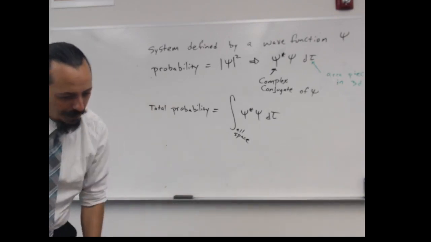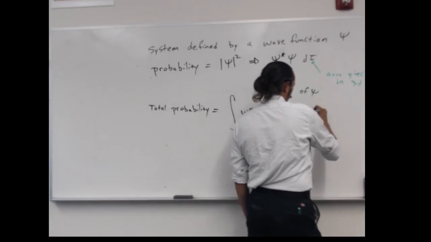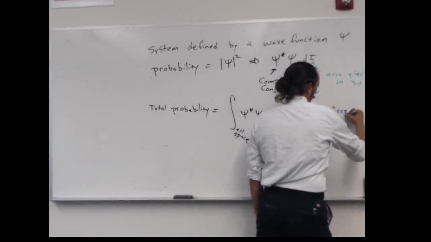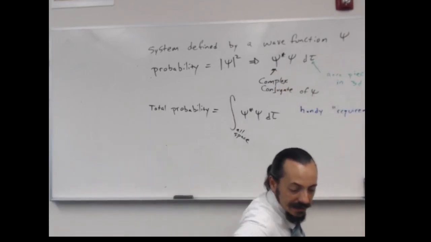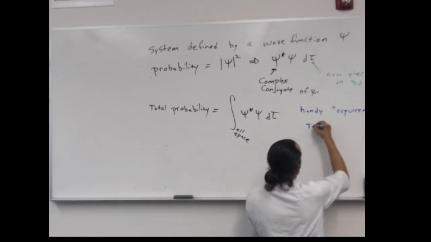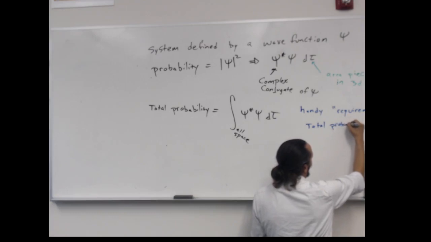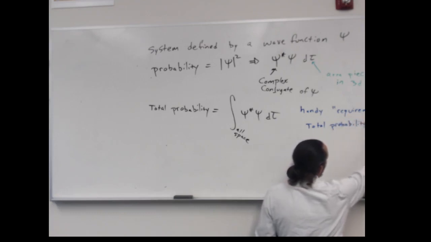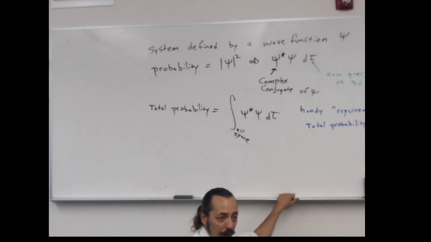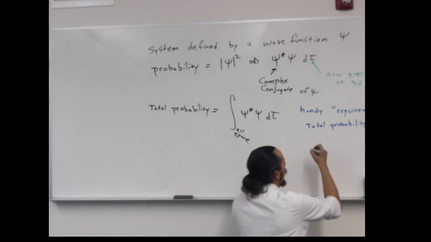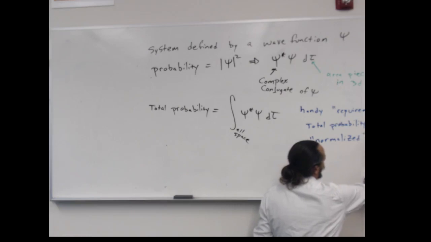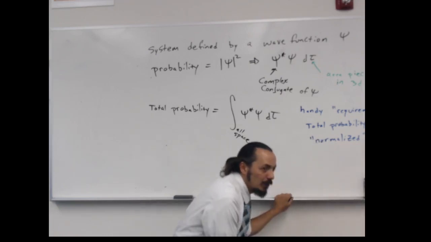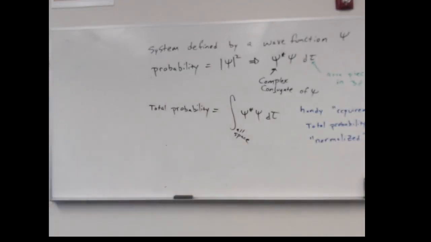A handy thing that we will use on occasion is to say that the total probability, if we are working with functions that have the total probability equal to 1, that would be a situation where we're dealing with what's called normalized wave functions.